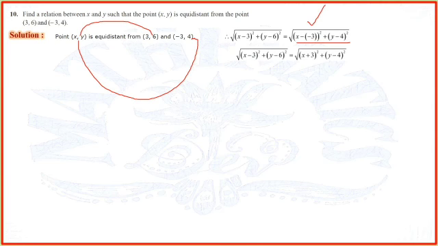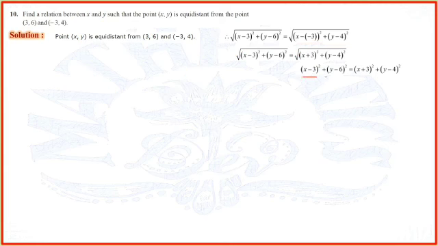So then, squaring both sides, square and square root cancelled. So (x minus 3) whole square plus (y minus 6) whole square is equal to this much.